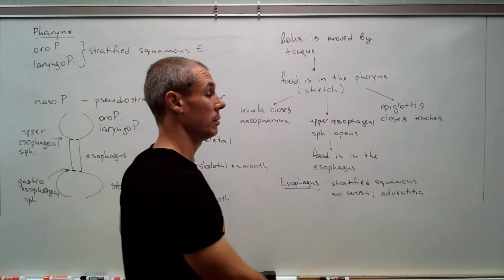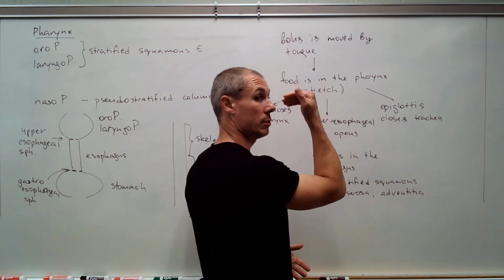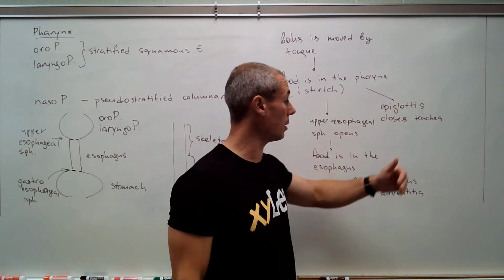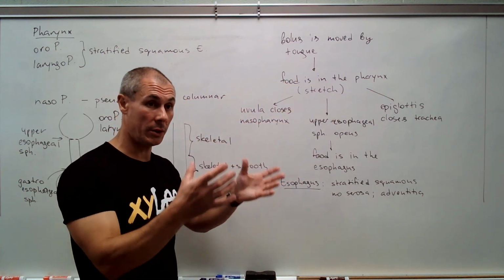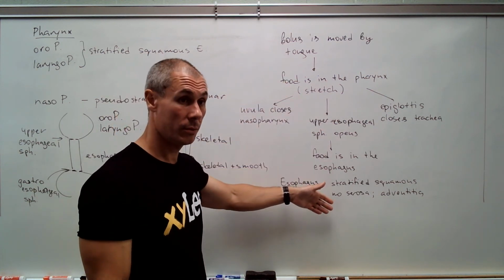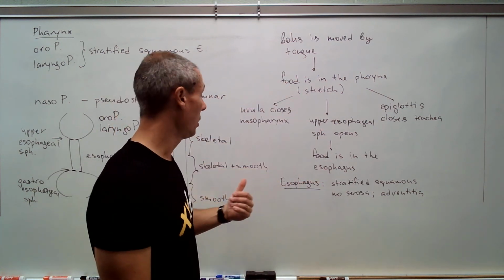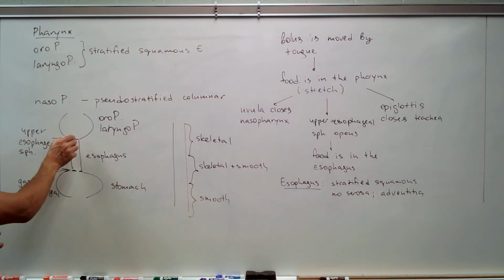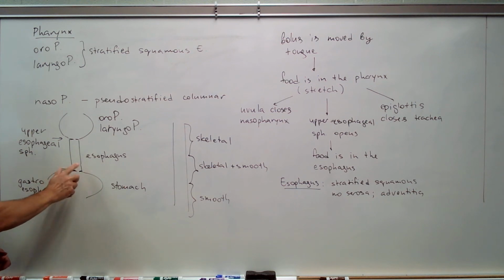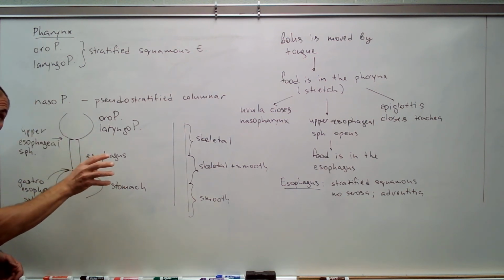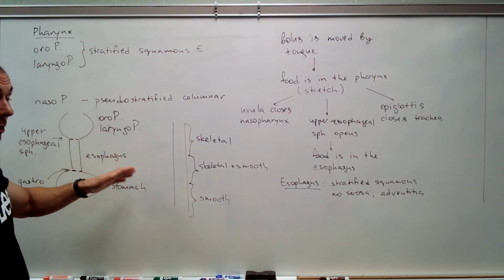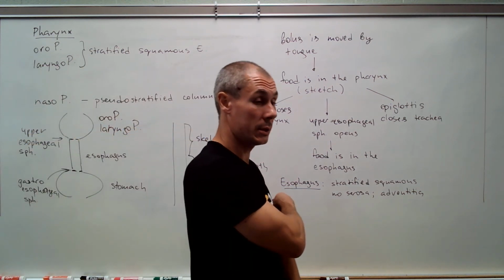Uvula closes nasopharynx, epiglottis closes trachea. Upper esophageal sphincter opens, food is in the esophagus. The esophagus keeps doing peristalsis, pushing food towards the lower, or gastroesophageal, sphincter. It opens under the pressure. Food ends up in the stomach. We're going to talk about the stomach separately. Does that make sense?